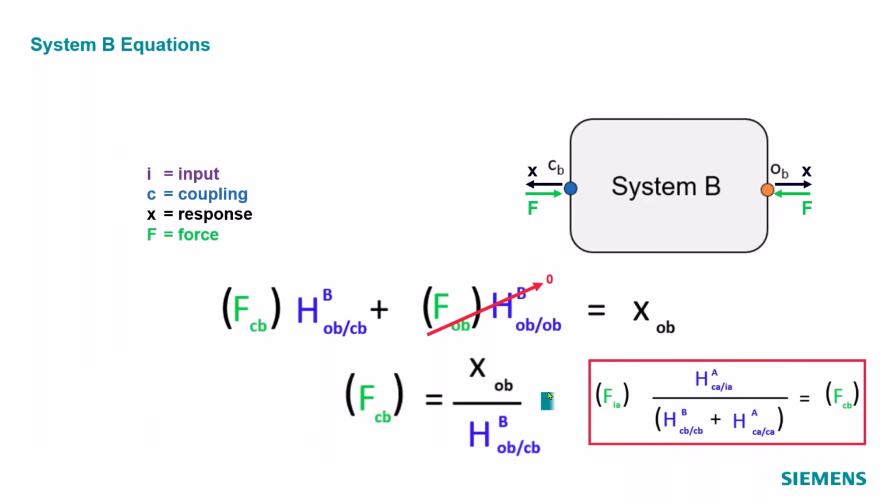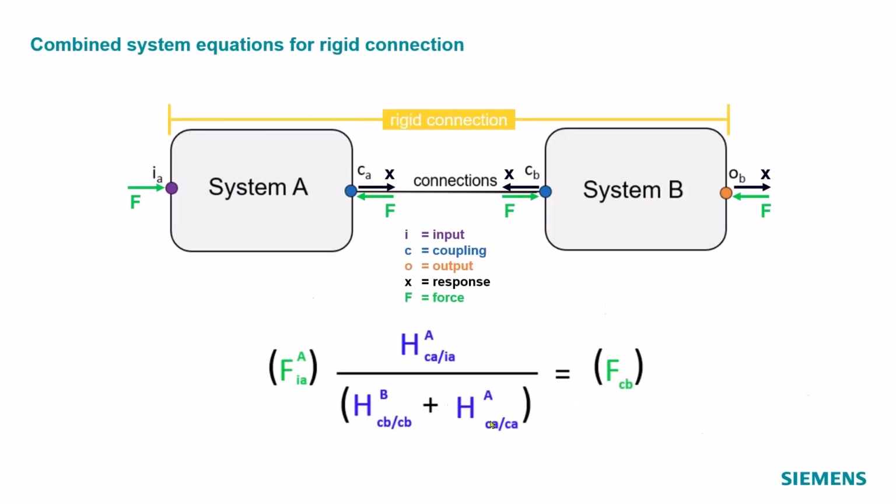I'm going to take this and shove it into here for this F sub CB term using this new form of it. This is with that insertion or substitution done.